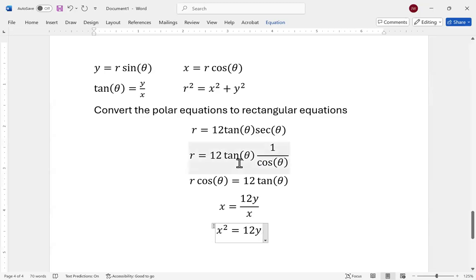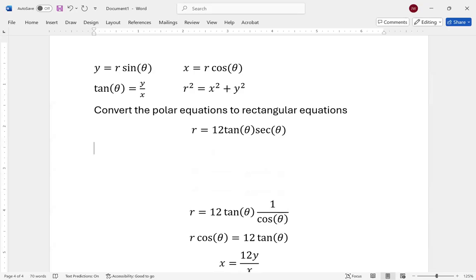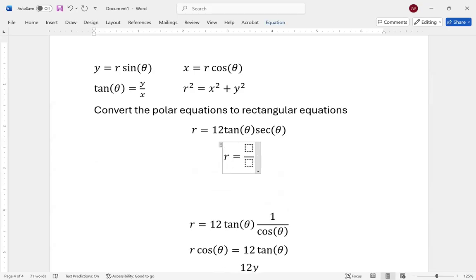And just like earlier, this is not the only way you could have done this. One way you could have done this is convert the tangent and the secant into all sines and cosines. If you did it that way, then what you would get is r is equal to 12 times sine of theta divided by cosine squared of theta.